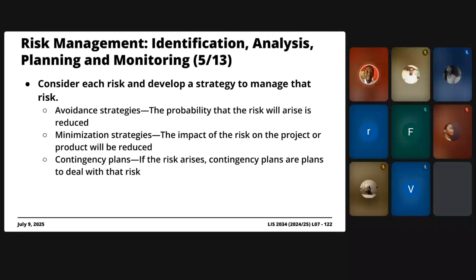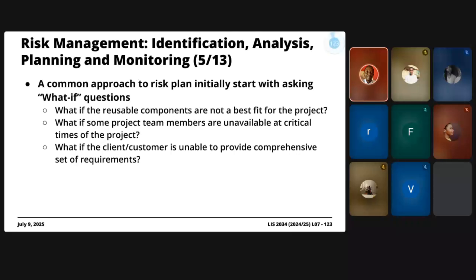Great. So what you guys are going to do here as part of risk planning is come up with avoidance strategies, minimization strategies, and contingency plans. And it'll be a lot easier for you to do this if you ask these important questions, right? What if... For you to figure out what sort of plan you're going to come up with, you identify a risk.